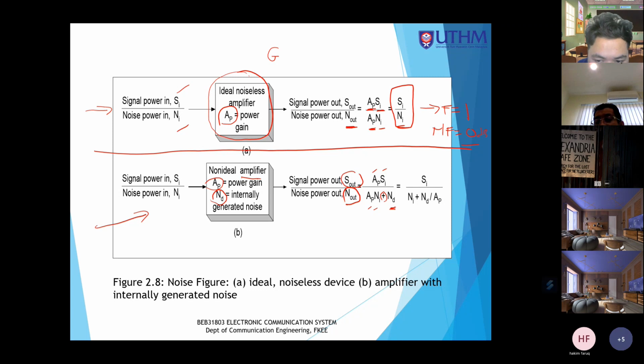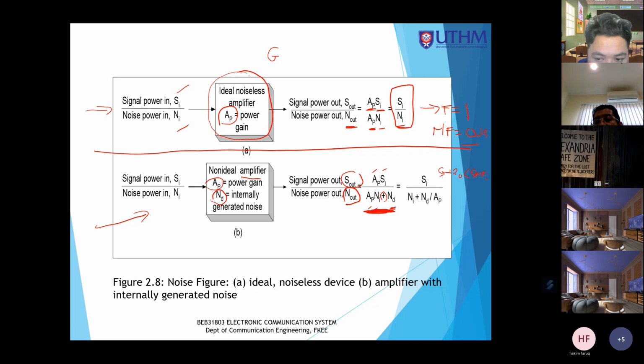So you see that what happened is that the output SNR is gonna be less than SNR input. SNRO lebih kecil daripada SNRI. Kenapa macam tu? Sebab dia dibahagikan dengan denominator yang lebih besar di sini.